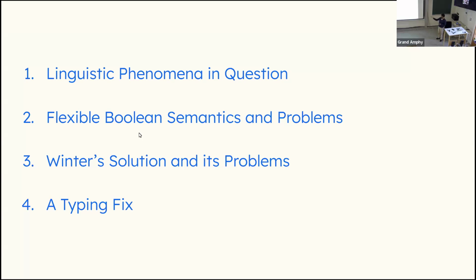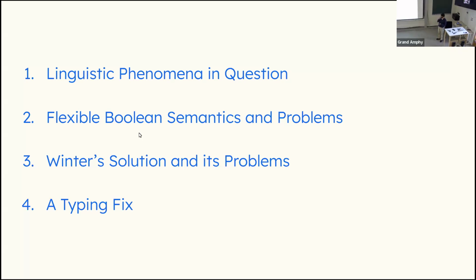But I'll also mention what problems occur when we use flexible Boolean semantics off the shelf to analyze sentences from mathematical language. Then Winter has worked on flexible Boolean semantics and plural noun phrases and all the linguistic phenomena that I'll mention, and then we'll see his solution to these problems.